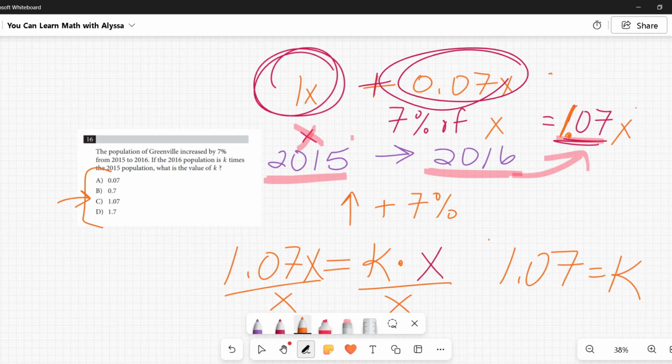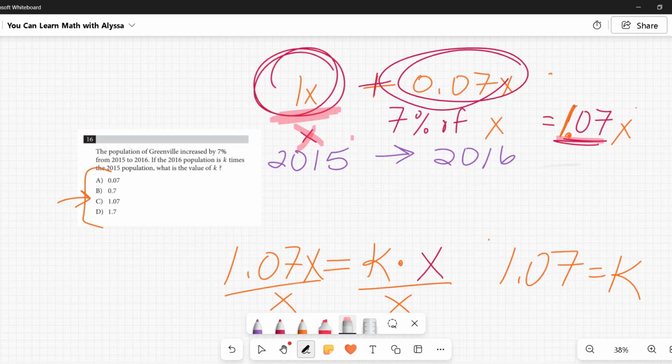So if you are familiar enough with how percentages work, that you can do it one of these methods, either by plugging stuff in and solving for K, or by just looking up here and going, okay, it's 100% of the 2015. Let me kind of write that under there, make this a little clearer.